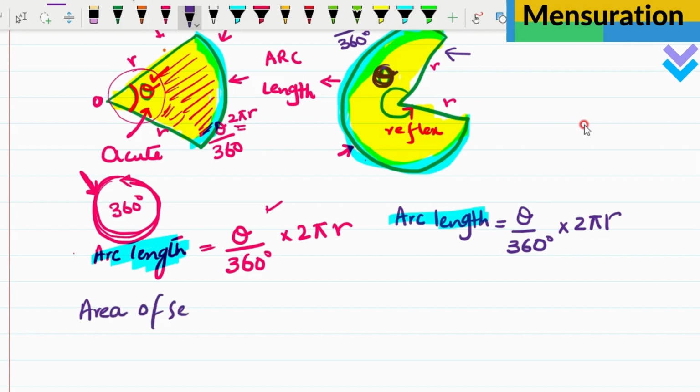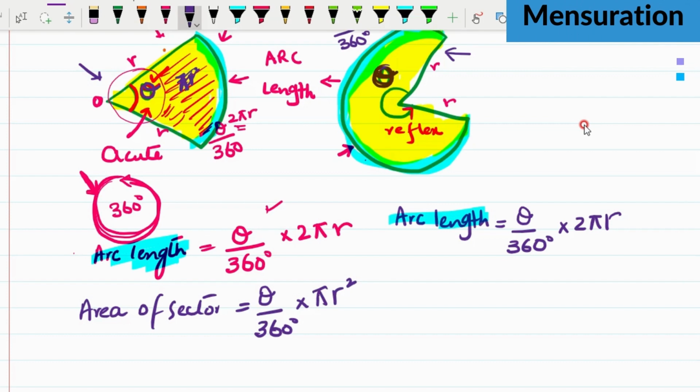Area of a sector, we can find it by using theta over 360, because how much portion we have, we can identify by taking this angle over 360, times the area of a circle. Remember that the area of a circle is pi r square, so we just multiply by pi r square, because it is a portion of a circle.